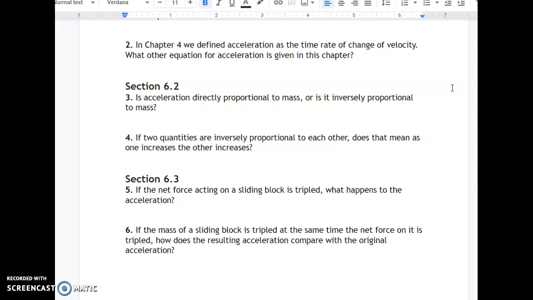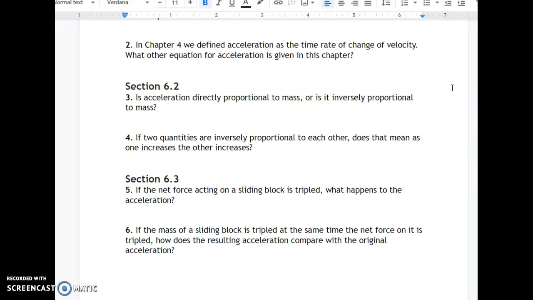So number 4, if two quantities are inversely proportional to each other, does that mean one increases while the other increases as well? No. Inversely proportional means that, as one increases, the other one decreases. As one decreases, the other one increases. What number 4 does show is a directly proportional relationship, where one increases and the other increases, or one decreases and the other decreases.